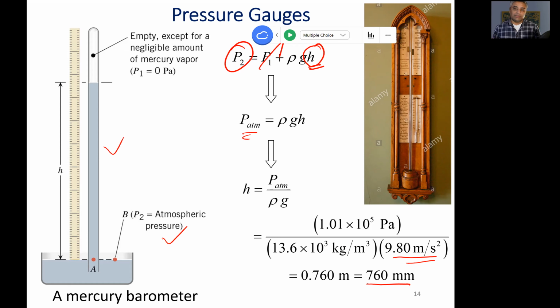If you convert that into inches, it becomes very close to 30 inches. So that's how high a mercury column stands at 1 atmospheric pressure.